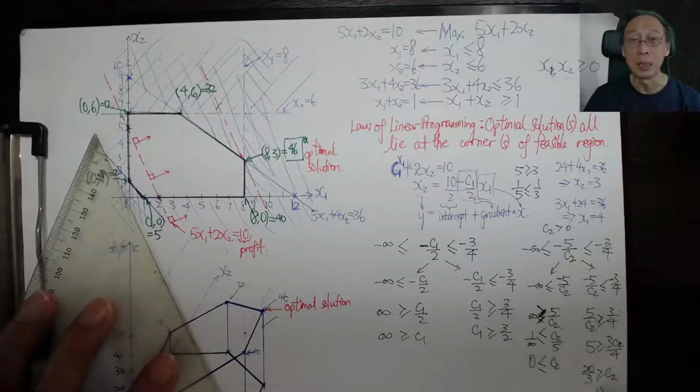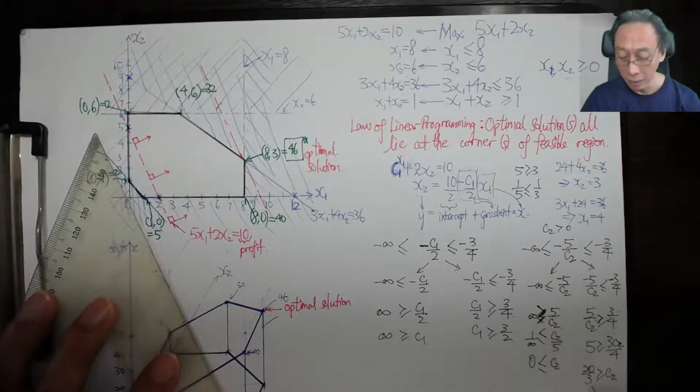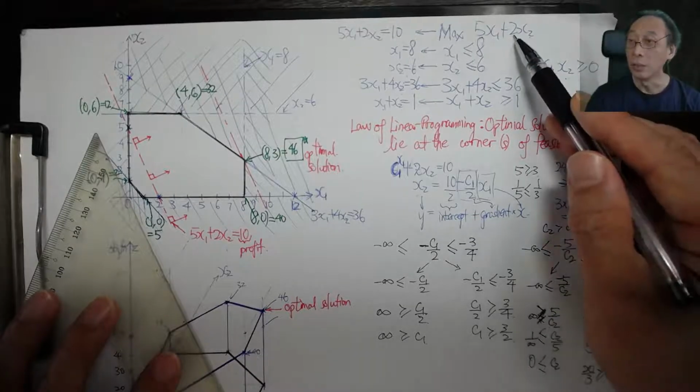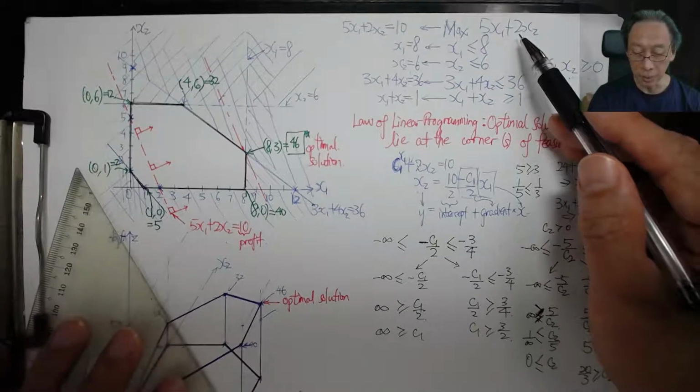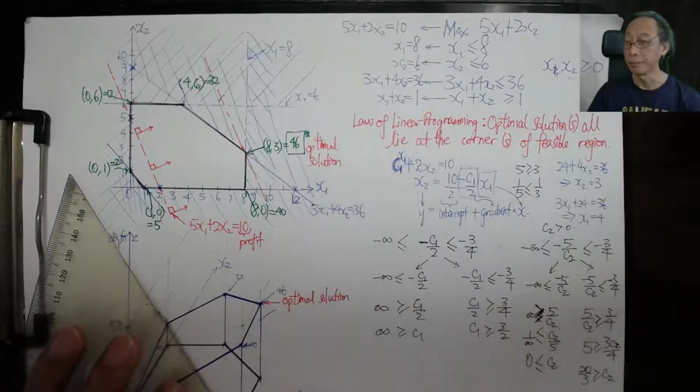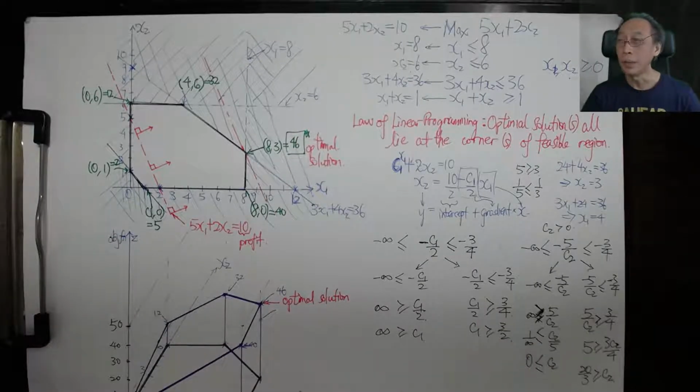Too large means less than equal to 20 over 3, roughly 6.67, nearly 7. And that's the maximum amount that we can increase in profit. So from $2 to $6.67, and that's the maximum without changing 8, 3.